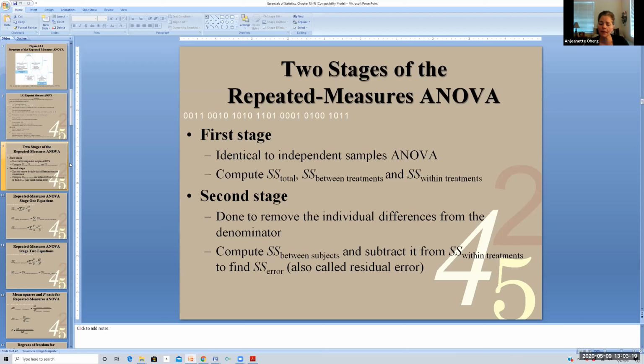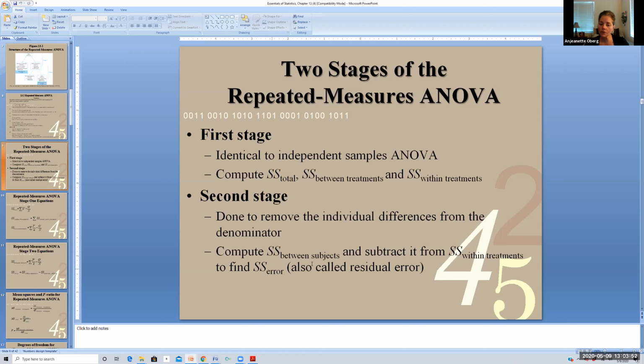Our first step for a repeated measures ANOVA is identical to what you were exposed to in the independent measures ANOVA. We're going to calculate our sum of squares total, sum of squares between treatments, and our sum of squares within treatments. But then we're going to add this second stage, so that we can break out those individual differences from the denominator and divide by our leftover residual error variance.